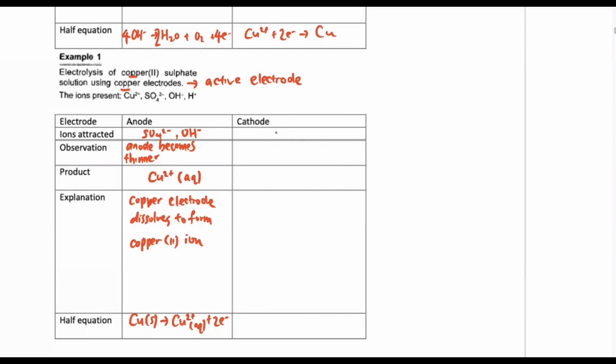So what happened? Cathode becomes thicker. Product formed is Cu.